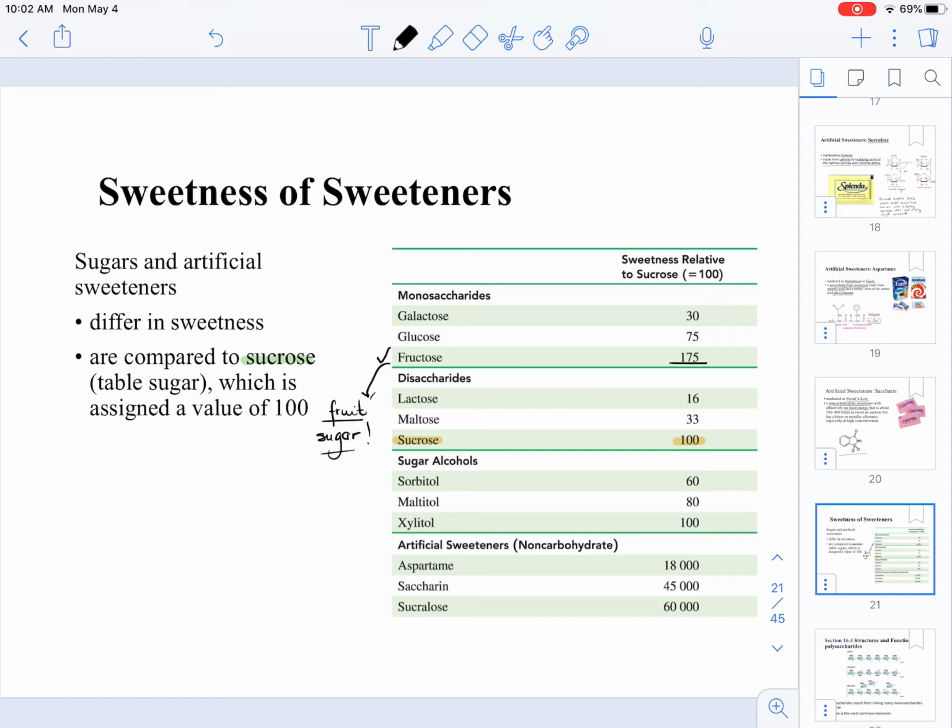Now, if we compare to sugar alcohols, and again, sugar alcohols are also sweeteners, for example sorbitol, maltitol, or xylitol, only xylitol is as sweet as table sugar. Now, if we look at the artificial sweeteners, it says non-carbohydrate, but remember that sucralose is a carbohydrate derived sweetener.